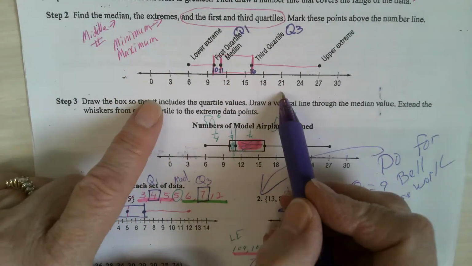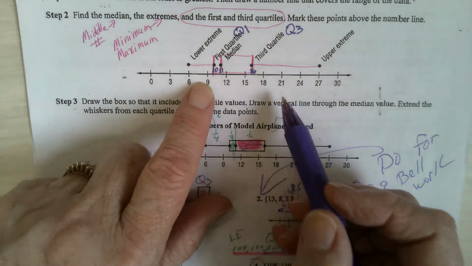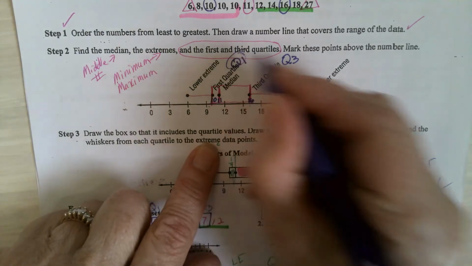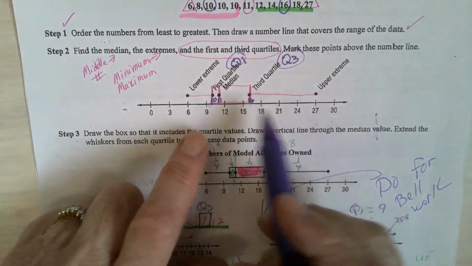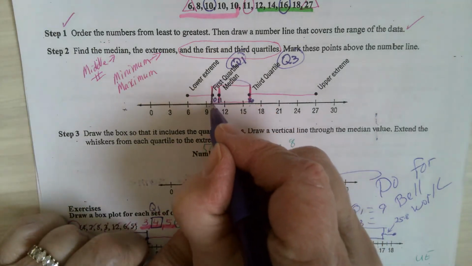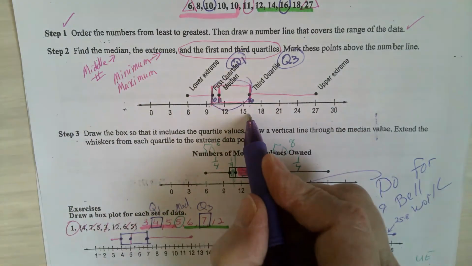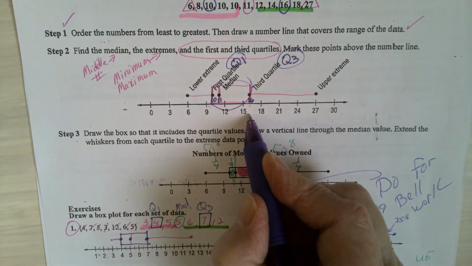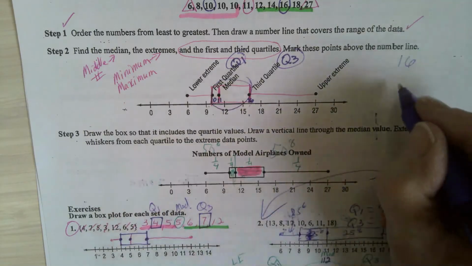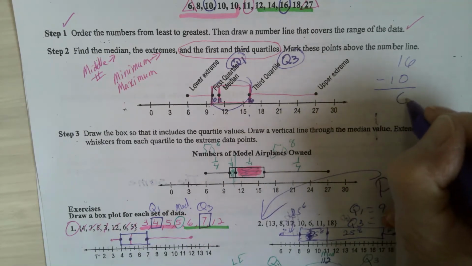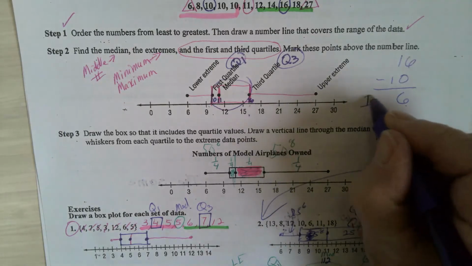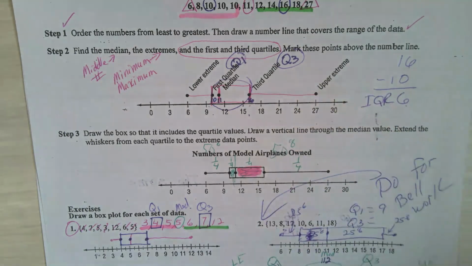In this box plot, the IQR is this number minus this number, Q1 and Q3, the distance between those two. Again, it tells you the size of the box in a box plot. So in this problem, Q3 is 16, Q1 is 10, 16 minus 10 is 6. 6 is your IQR, interquartile range.